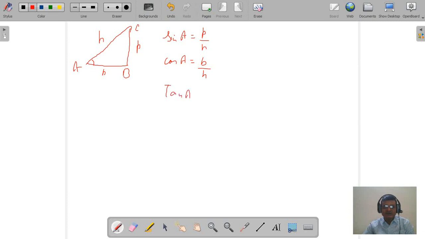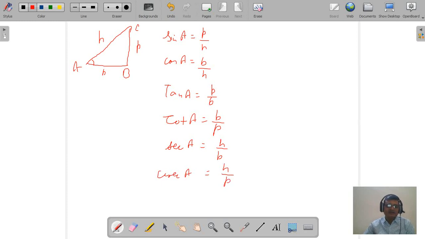Now tan A is equal to perpendicular upon base. Similarly cot A is base upon perpendicular, sec A is hypotenuse upon base, and cosec A is equal to hypotenuse upon perpendicular.